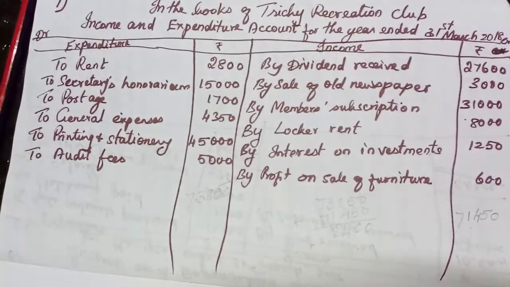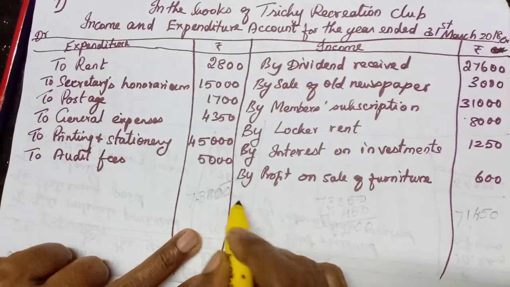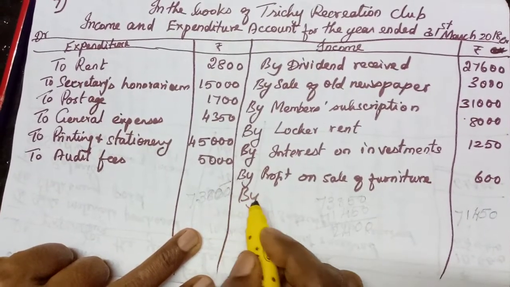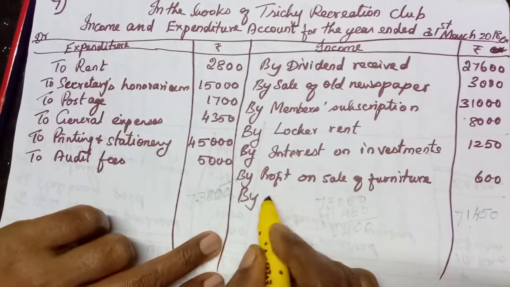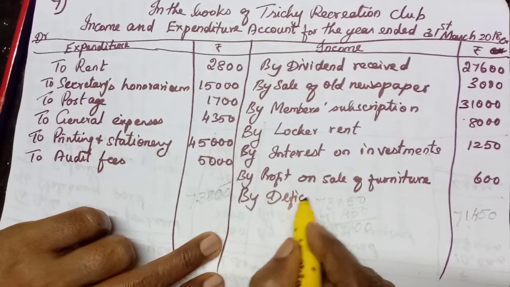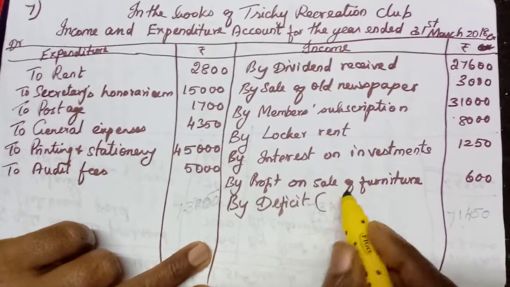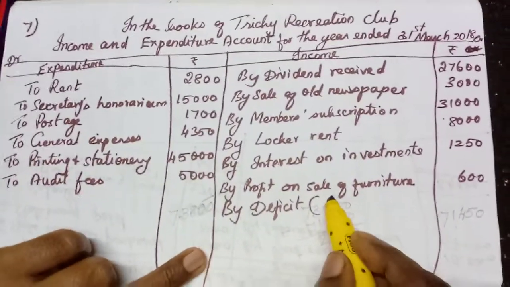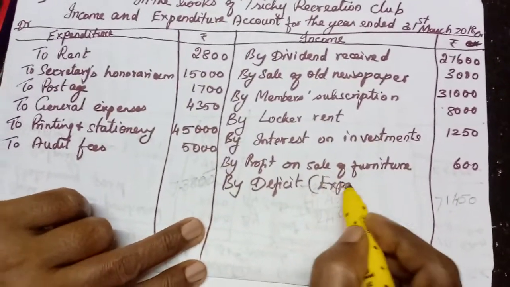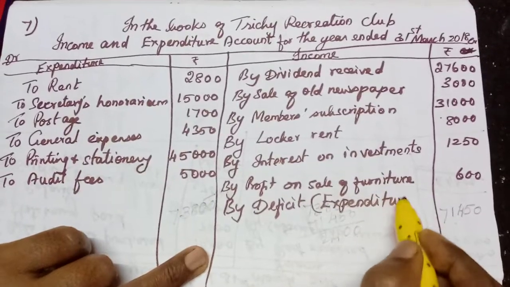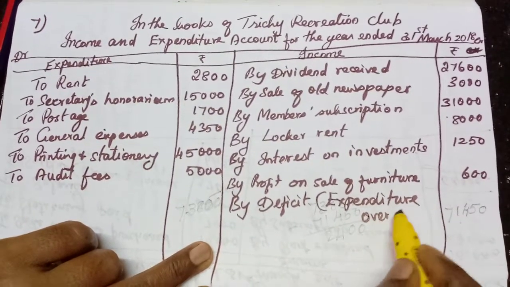So, by deficit. What is more? Expenditure is more, so you have to write deficit. Then you have to write in brackets expenditure over income. Expenditure over income.